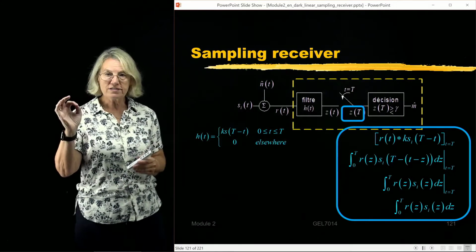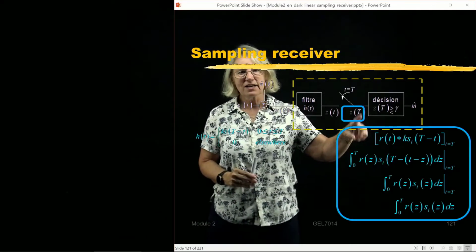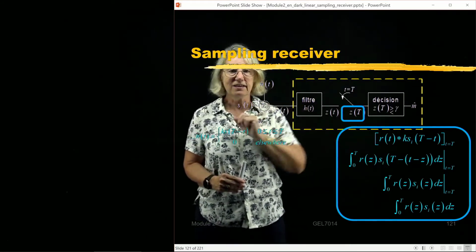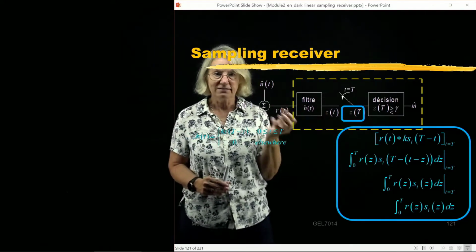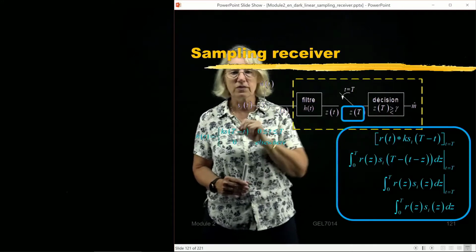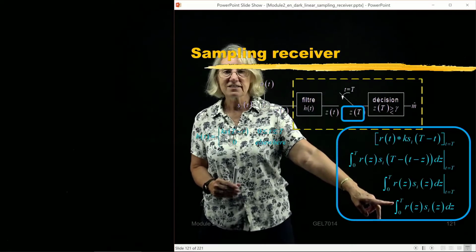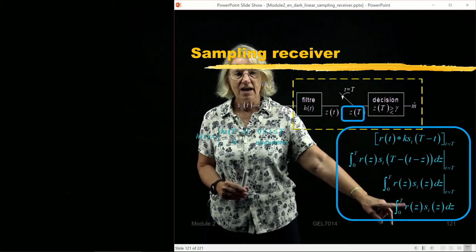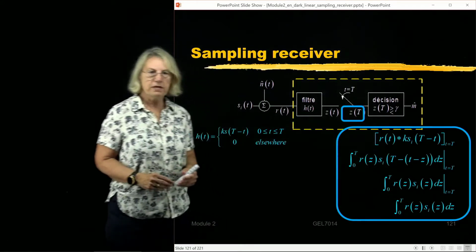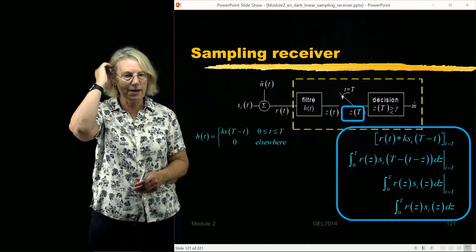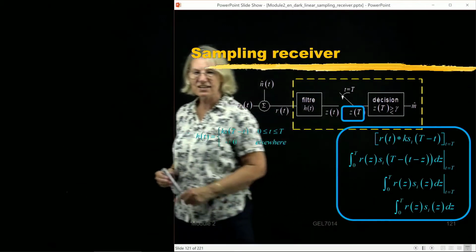So the choice of making a matched filter here means that when I do this sampling at the symbol time, this test statistic that I'm going to use to compare with a threshold just simplifies to this integral from 0 to T of r(z) times s_i(z) dz. So that would be, conditioned on i being sent, if i was really sent, this is what this test statistic would look like.